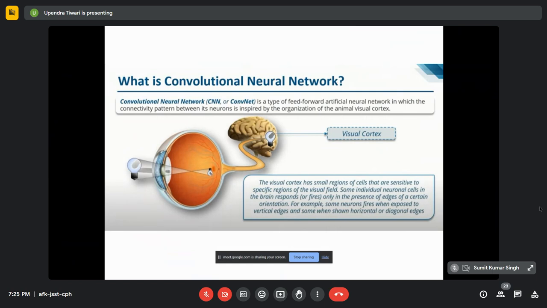So when your eye visualizes an object, this is decided by the visual cortex of your brain. In the same way, this is your brain, and it is divided into the left lobe and the right lobe.